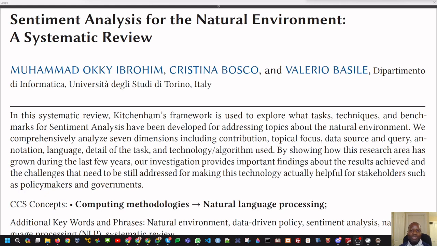Similar to Professor Norman Fenton, they have come up with some dimensions. There are 7 dimensions, which focus on areas like contribution, topical focus, data source and query, annotation, language, detail of the task, and technology or algorithm used.